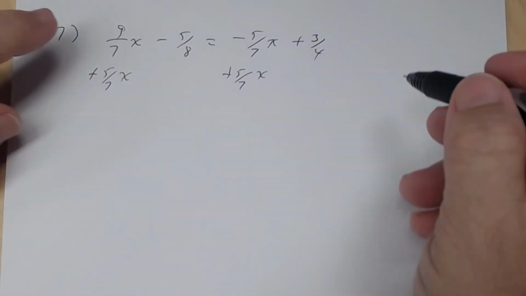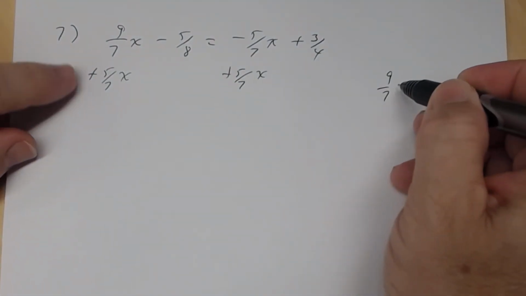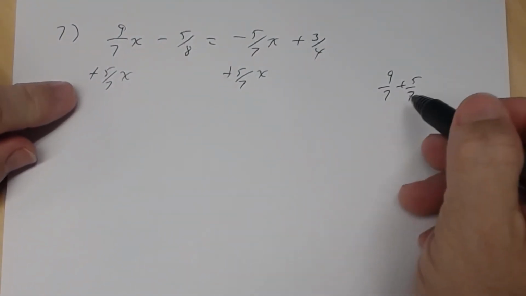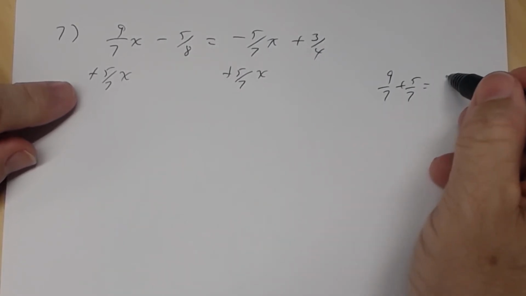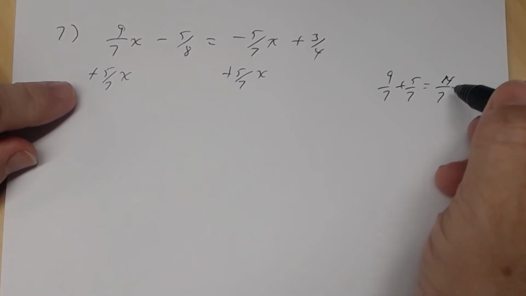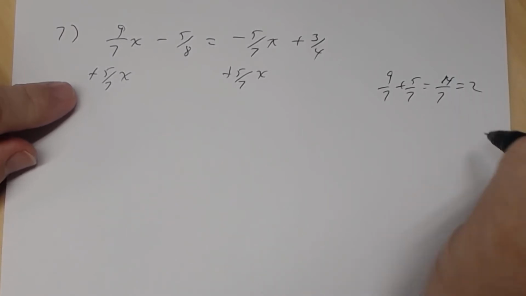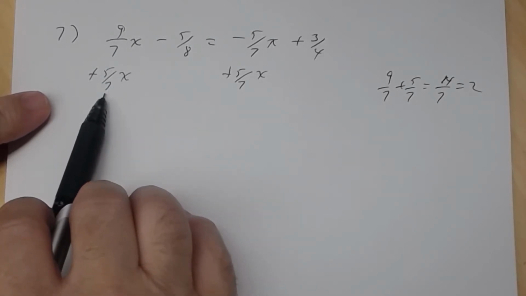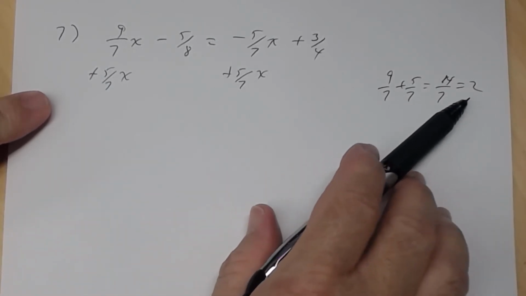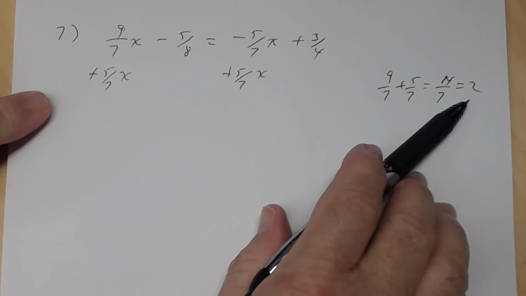So what I want you to notice, though, is this. 9/7 plus 5/7, since the denominators are the same, I can add the numerators. 9 plus 5 is 14, and 14/7 is 2. Okay? So that means 9/7 plus 5/7 is 14/7, which is 2x.